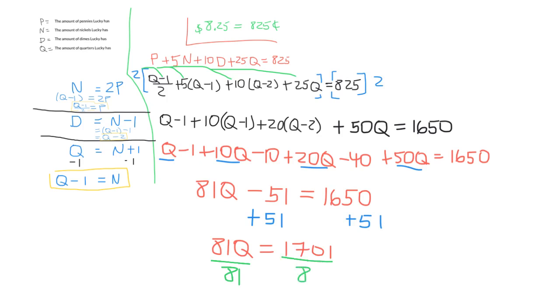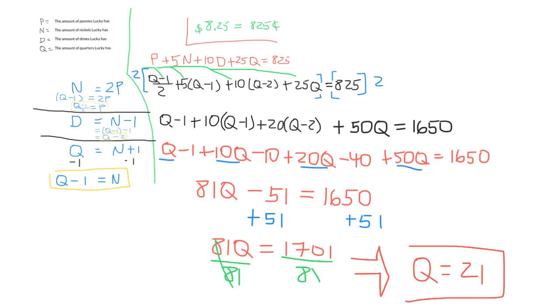And then, believe it or not, you have the answer. The answer is q equals 21, and that is answer choice J. So that's how you do problem number 52.